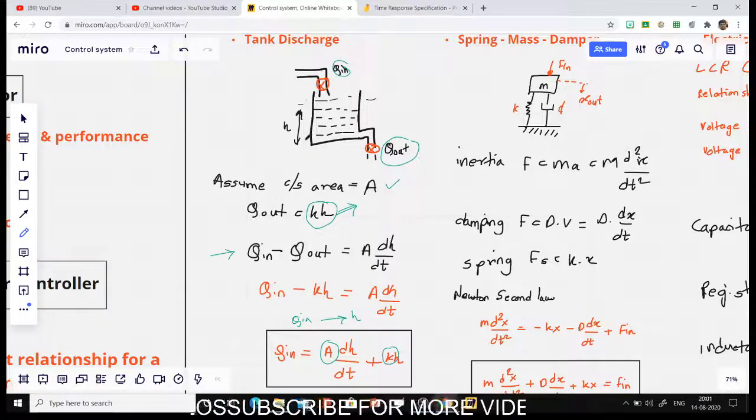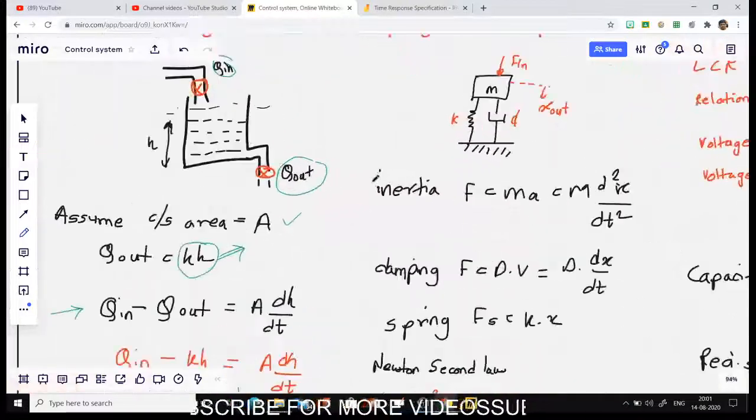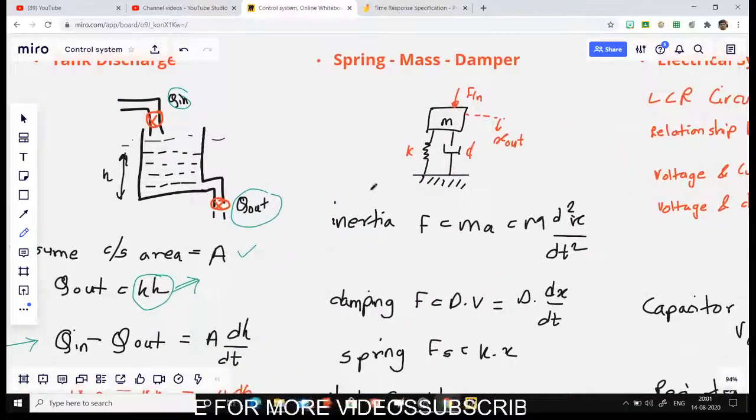Let us take one more example, a simple spring mass damper system. There is a mass, there is a spring attached to it with a constant k, and there is a damper with a constant d. The damper absorbs velocity, the spring absorbs displacement, and there is a force applied which is my input for the system, and you get some displacement as output.